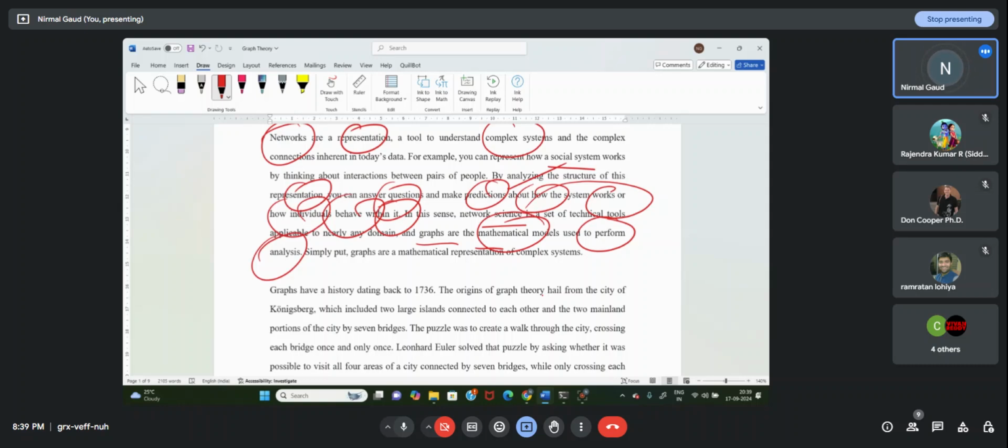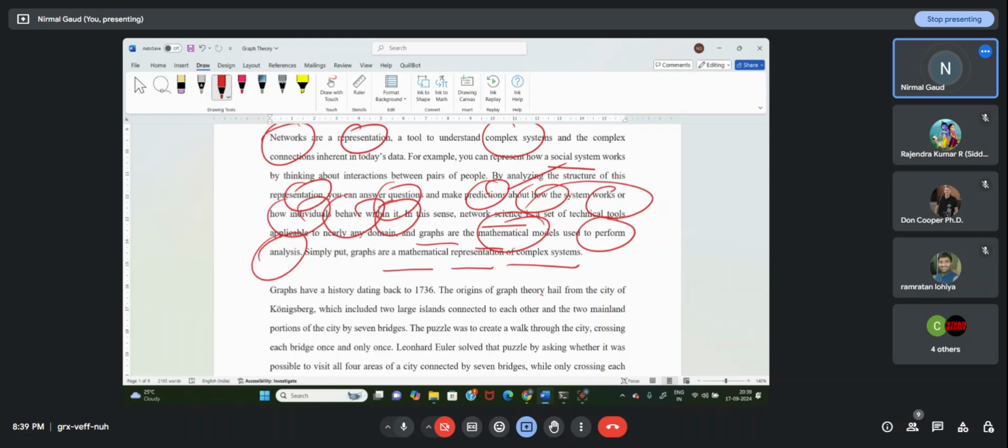We connect them with the help of edges and we can answer questions related to it. So graphs are a mathematical representation of complex systems. To understand a complex system, it becomes very difficult to handle the relationships between the data and between the components, and how to represent them. It's better that in a system I make the nodes, have the edges, and connect them.